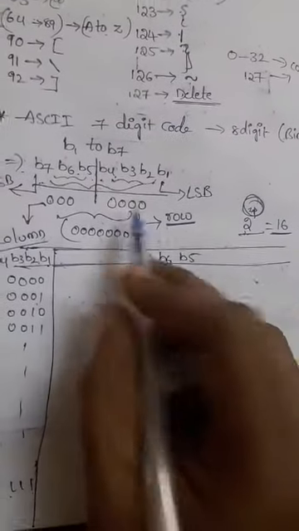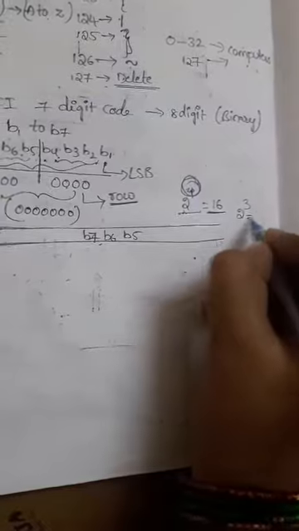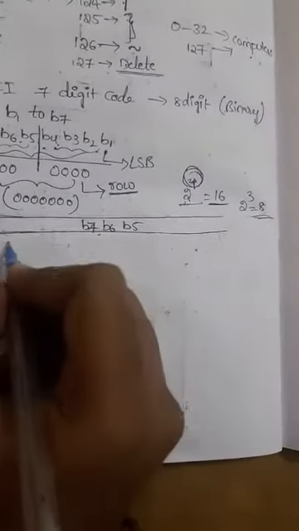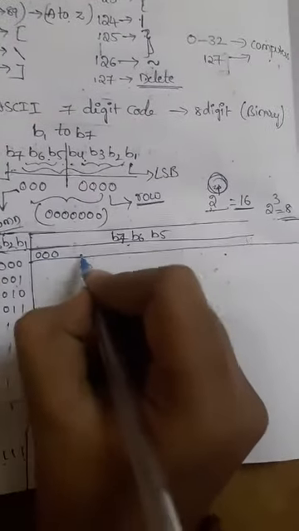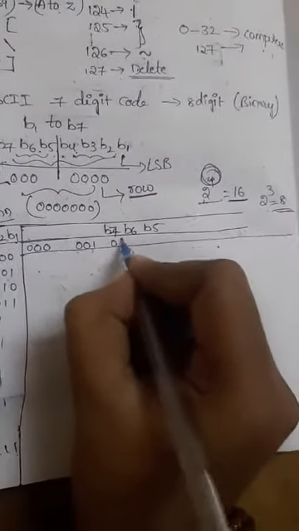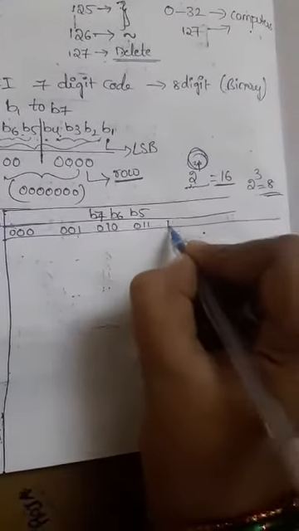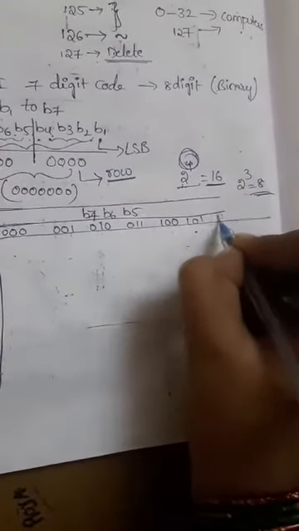And if you have 3 digits in binary, how many possibilities? 2 cube is 8 possibilities, 0 to 7: 0 0 0, 0 0 1, 0 1 0, 0 1 1, 1 0 0, 1 0 1, 1 1 0, 1 1 1. So these are the total rows and columns.